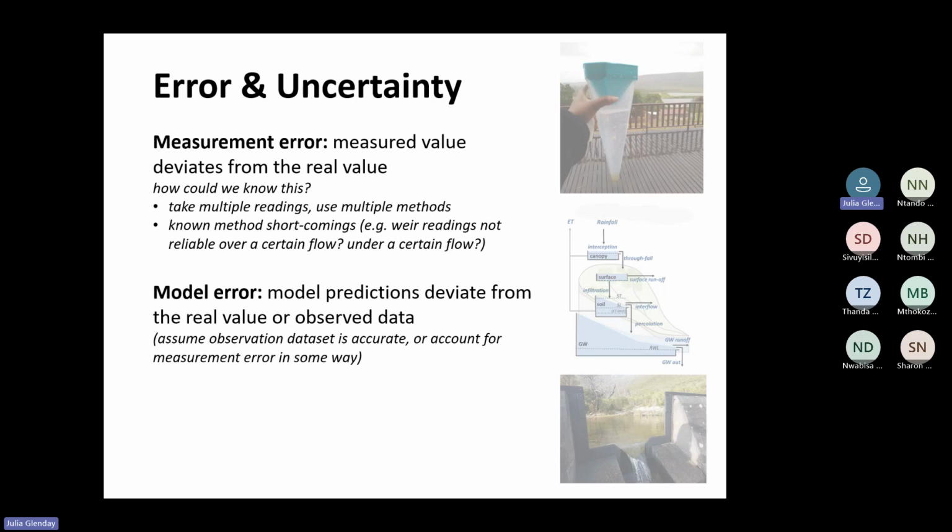Usually when we calculate our statistics, we assume the observation data set is accurate, but we account for measurement error in some way by being a bit relaxed in how tightly we get our model to fit our observations, because we know that our observations have some error in and of themselves. If we make our models fit our observation data set too tightly, we might actually not be representing reality, because there's error in the observations.